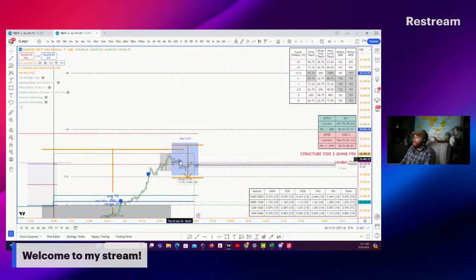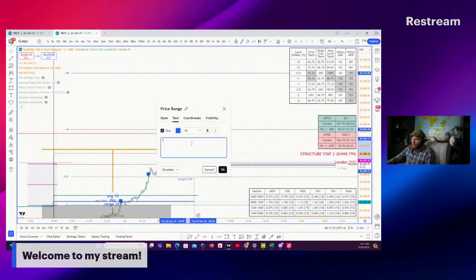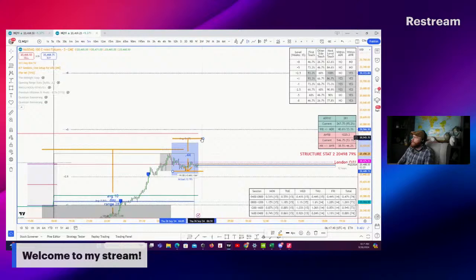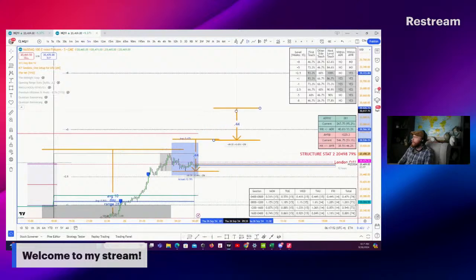Where's my 4 o'clock? So this is the current low. And it goes until 8. Right there. We can see that 12 to, Jesus Christ.